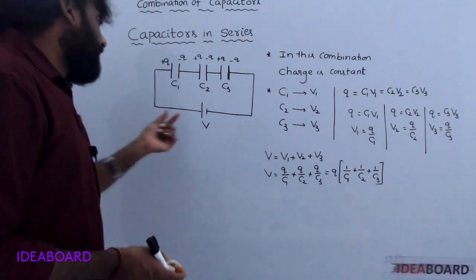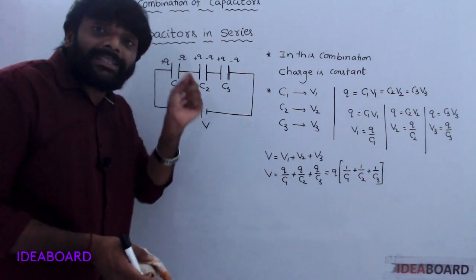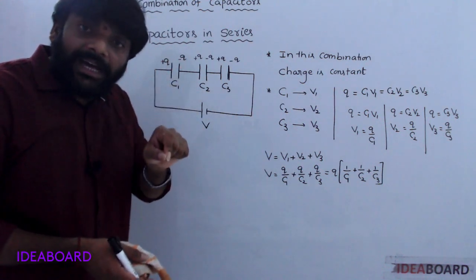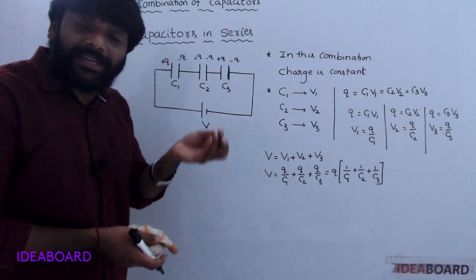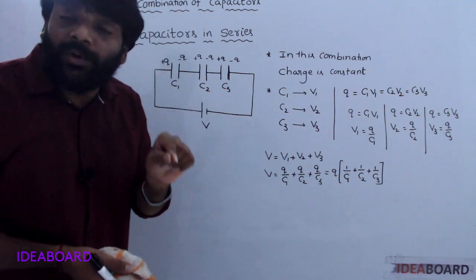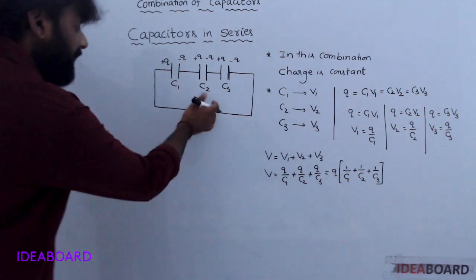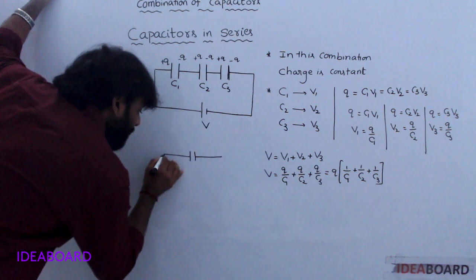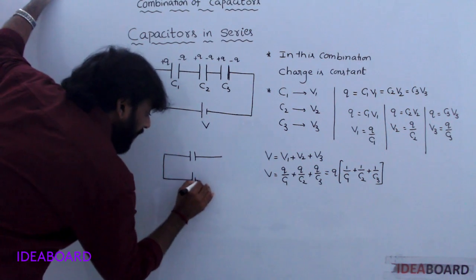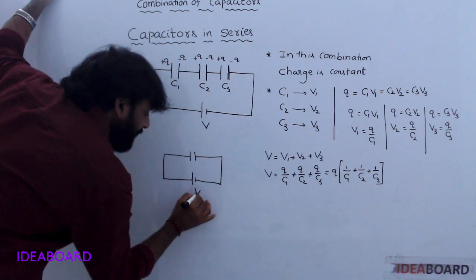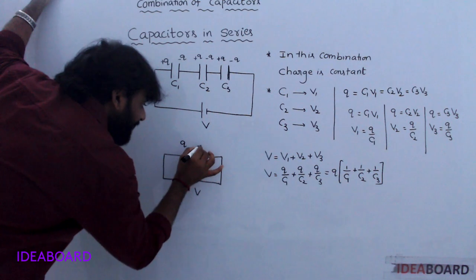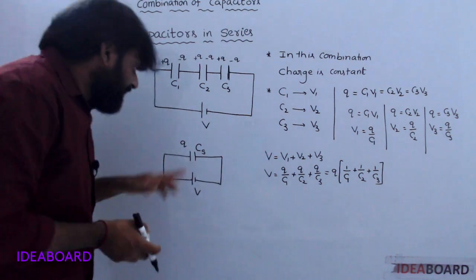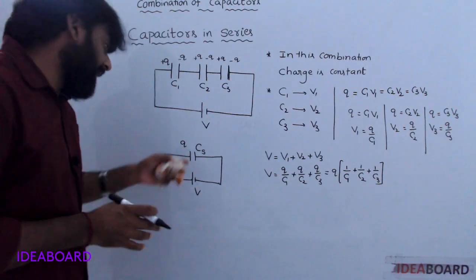If the same source is connected to a single capacitor and it draws the same charge, that is the equivalent capacitance. Here the same source is connected to a single capacitor and it draws the same charge; that is nothing but the equivalent capacitor.